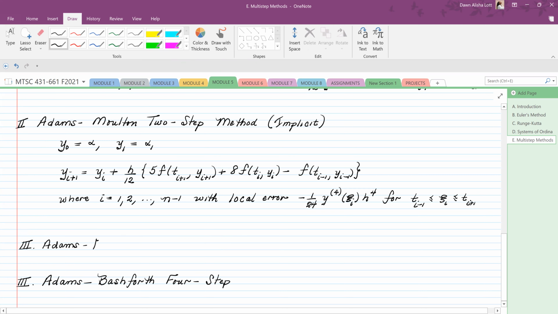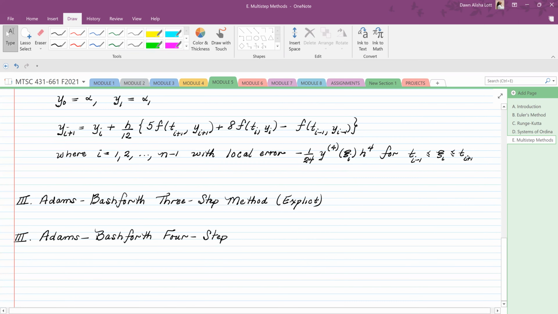Adams-Bashforth, three-step. And Adams-Moulton.